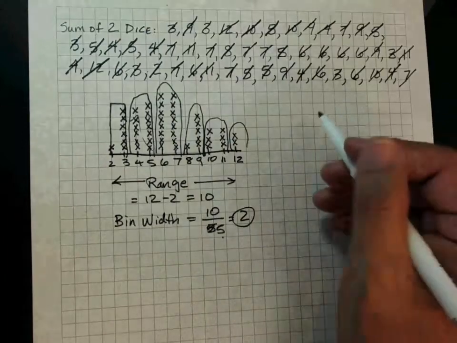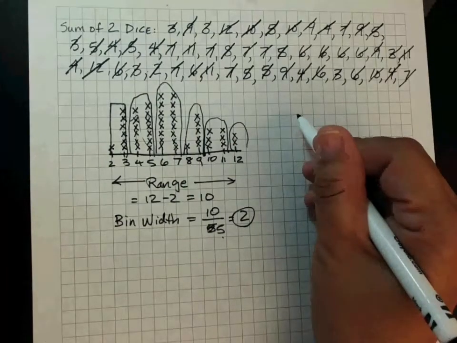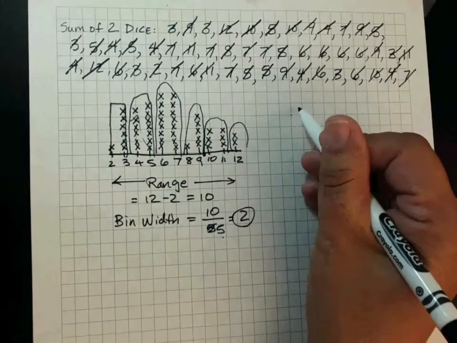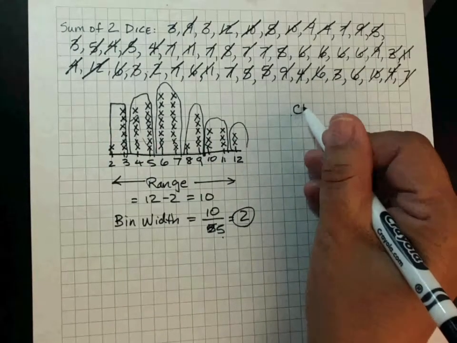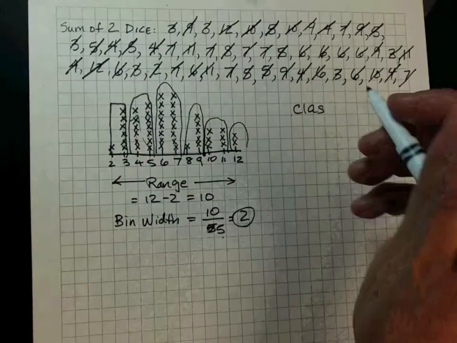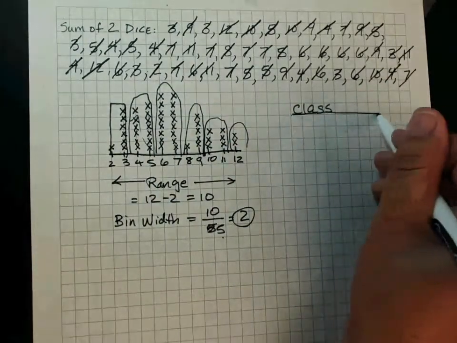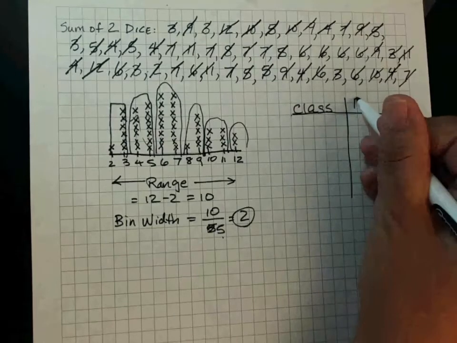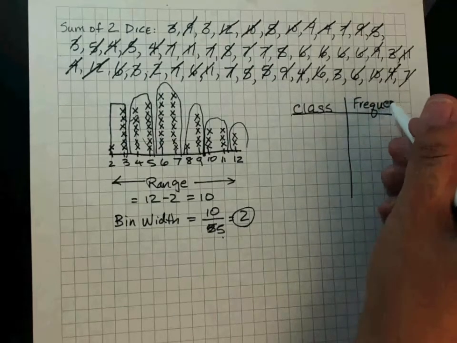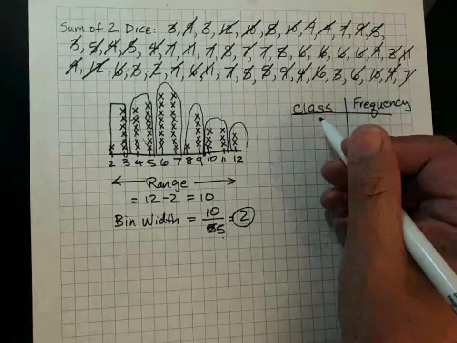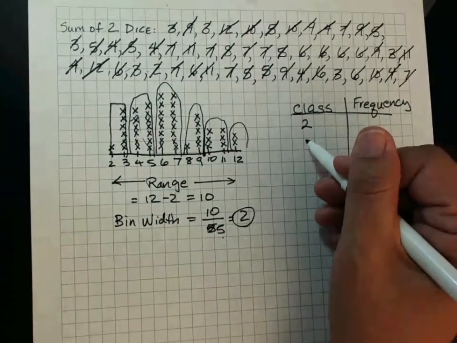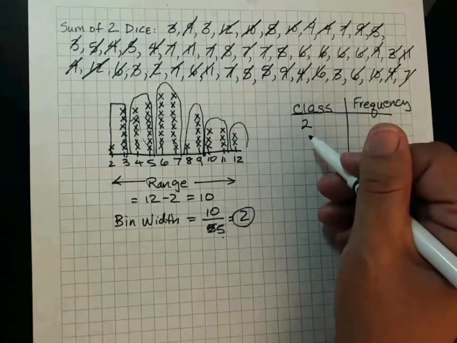So I'm going to create a frequency table. You've got your class and you've got your frequency. For my class, I'm going to start with my lowest number, 2, and I want a bin width of 2.